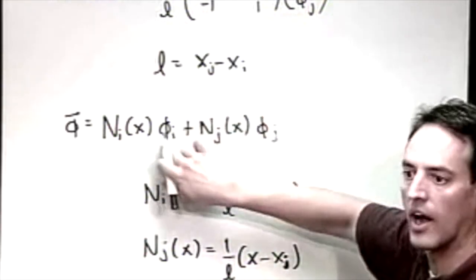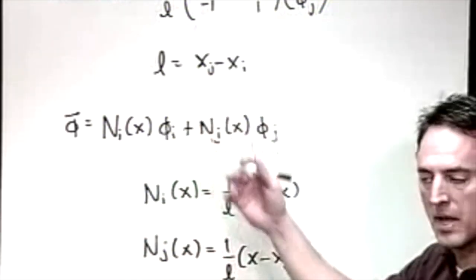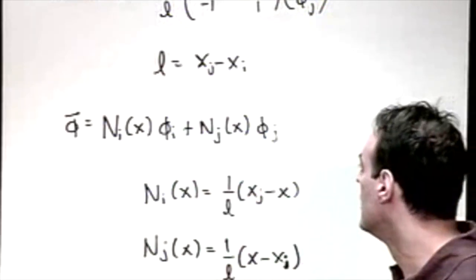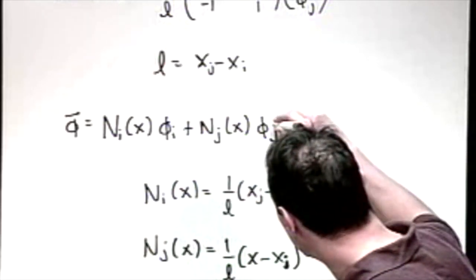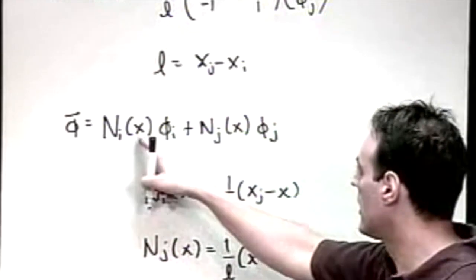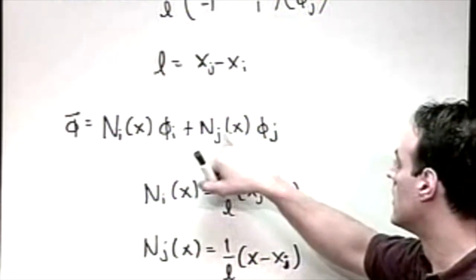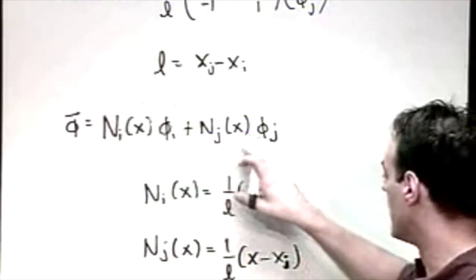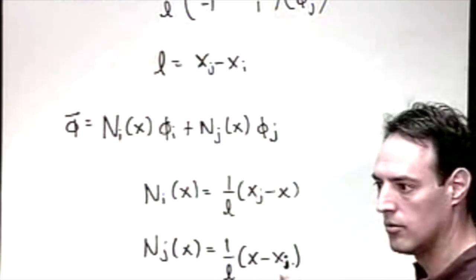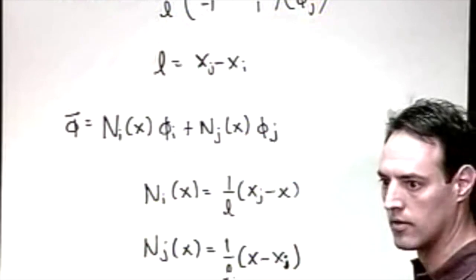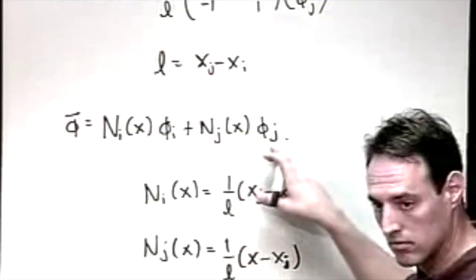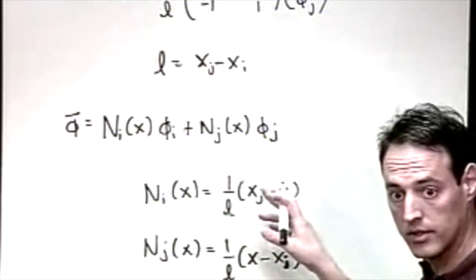So you just get phi_i, which is what you expect. If you put in x_j here, you get x_j minus x_j, that's 0, so that drops out. Here you get x_j minus x_i, which becomes L, divided by L, 1. So you just get phi_j. So it goes through the 2 points.